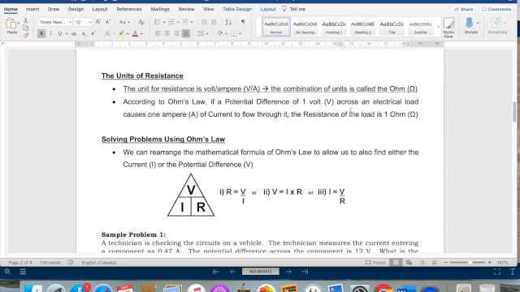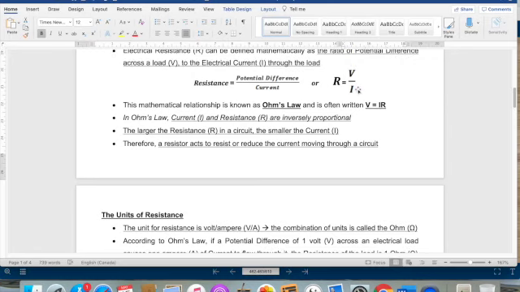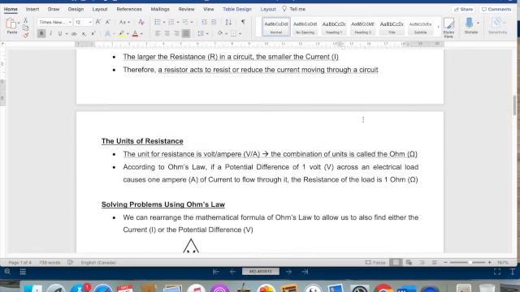So basically all three of these units are a combination of two other units, right? To make things simple, instead of always having to use this V and A, we use this ohm, right? And then they picked the Greek letter omega, I think because it sounds like the beginning of his name. So omega, ohm, is probably why they picked it.